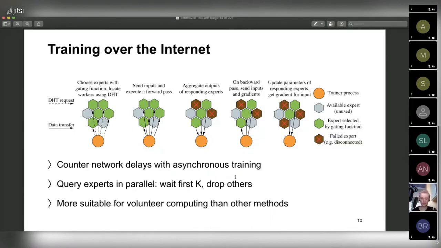If some of the experts aren't responding, for instance, due to timeouts or any network failures, then we just exclude them from this average computation. No, but even if all experts are responding, you still exclude the least important ones, or don't you? Yeah, that's also true. We can have 1,000 experts in our network and 1,000 classes in this gating function, but we only need to make network requests to a small fraction of them.